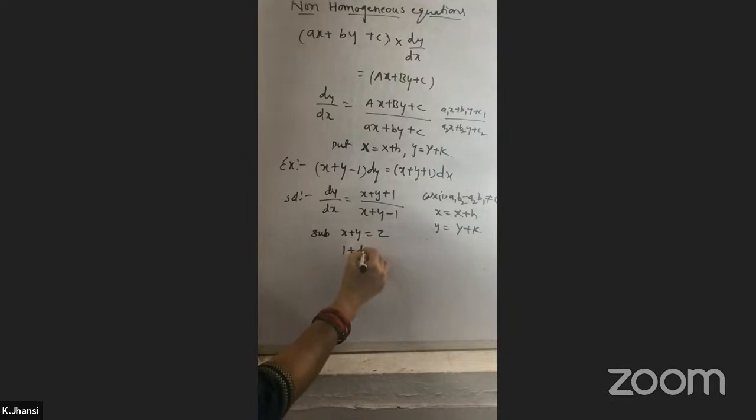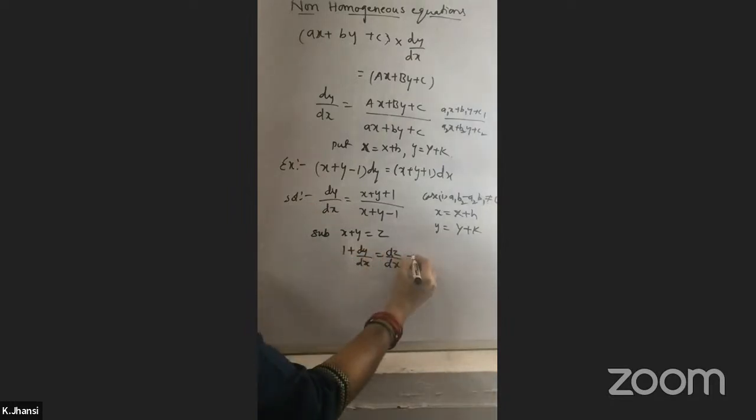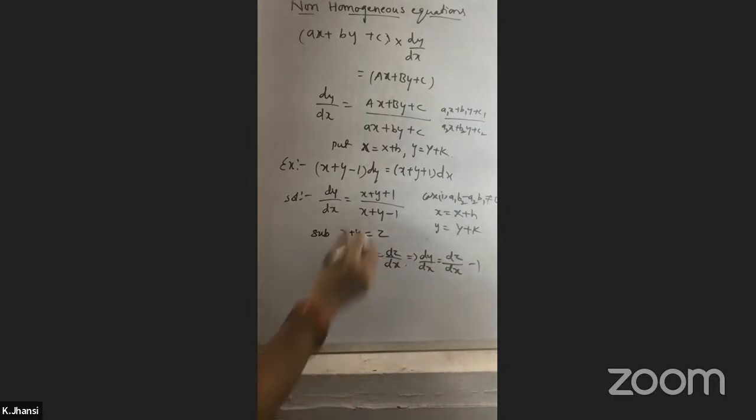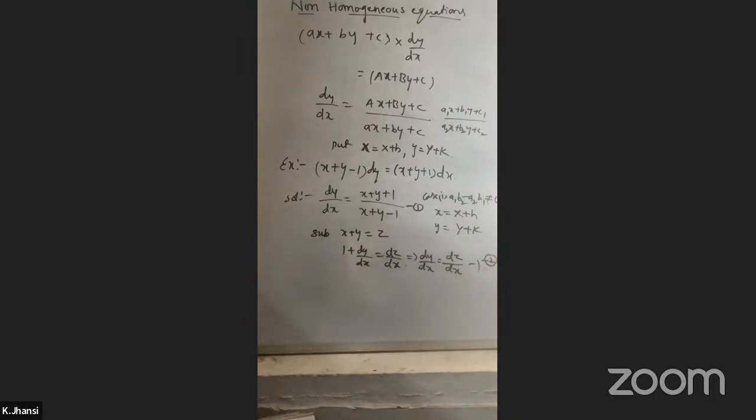So y differentiation is dy by dx equals z differentiation is dz by dx. We need dy by dx converted into the z variable. So from here, dy by dx is equal to dz by dx minus 1.